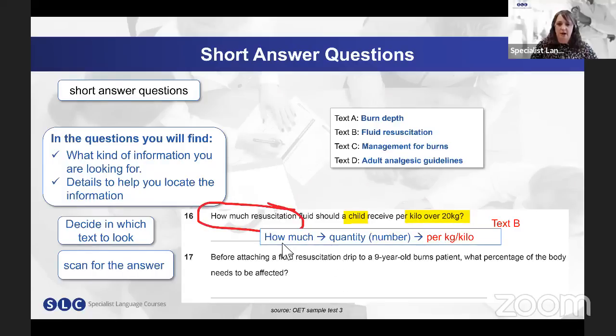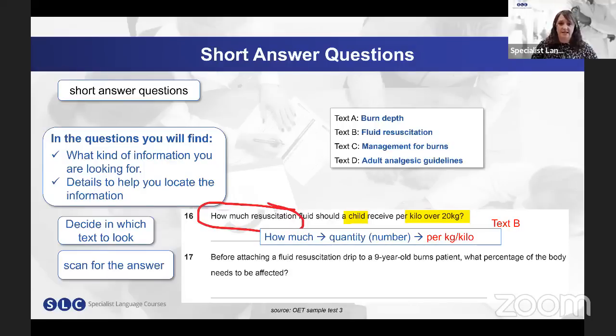So we want to know how much. We're looking for a quantity, so it's likely to include a number. And we need to remember that this information is per kilo. So this is quite important here. If you've got per kilo, make sure you pay attention to that, because you may have total and then per kilo. So just make sure you pay attention to that.